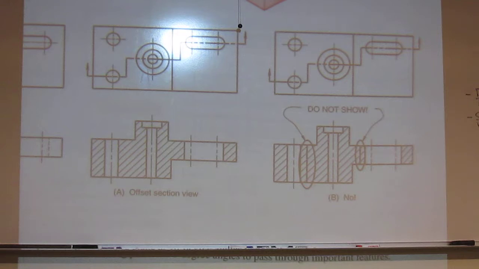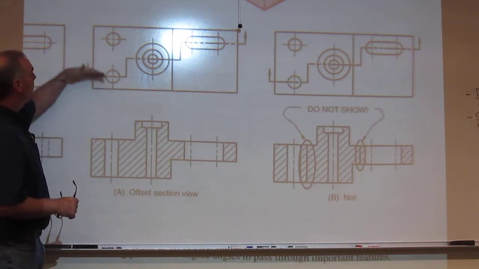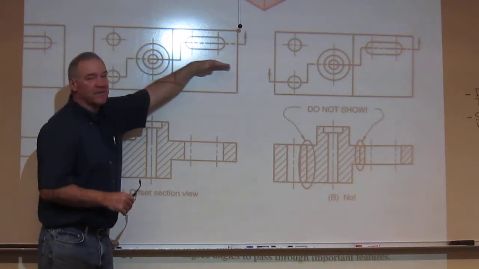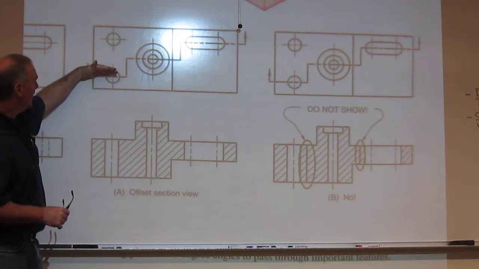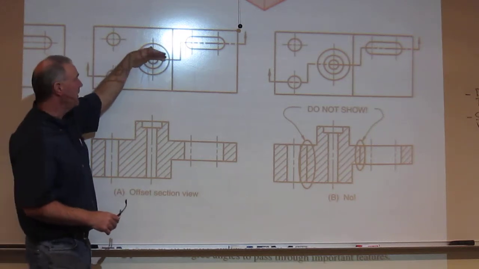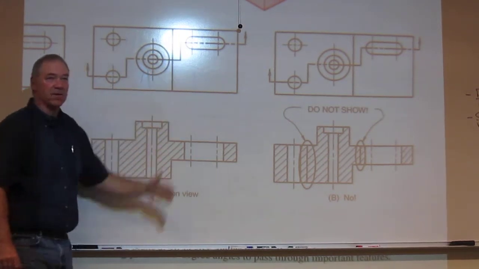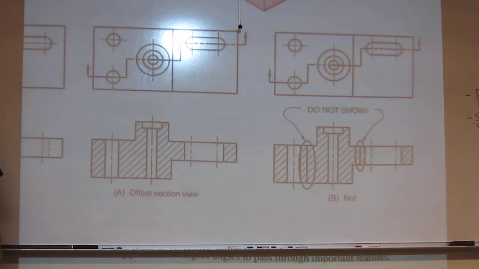What does it do again? Like, what is it for? It's used to pass through critical parts that are not on the same Y or X axis, I guess might be a good way to say it. Because if they were all on, in this case, the same Y, you would use the full section, right? But in this case, we're changing Y critical from here to here to here, so therefore the offset section works nicely.